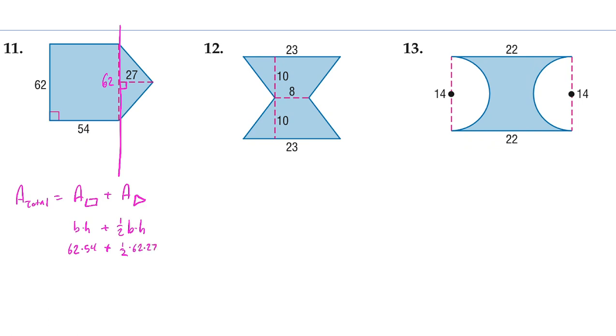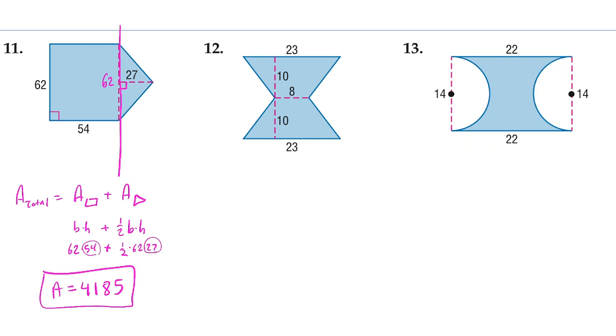Oh, that's interesting, because 27 is already half of this, so we're really getting like 5/4 of that or something when we do it. Anyways, 62 times 54 plus 0.5 times 62 times 27, and we get area is 4,185.